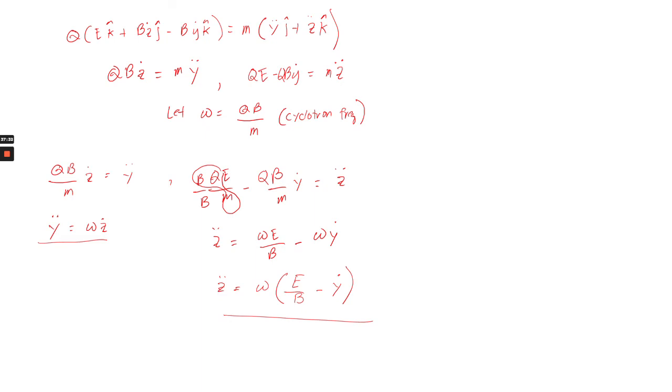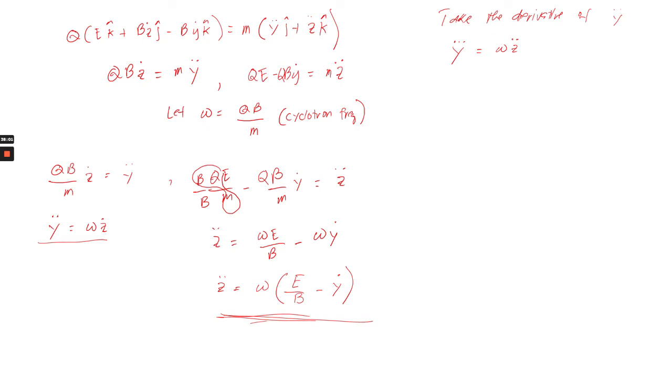So take the derivative of y double dot. That becomes y triple dot equals omega z double dot. Your z double dot is given by this equation.